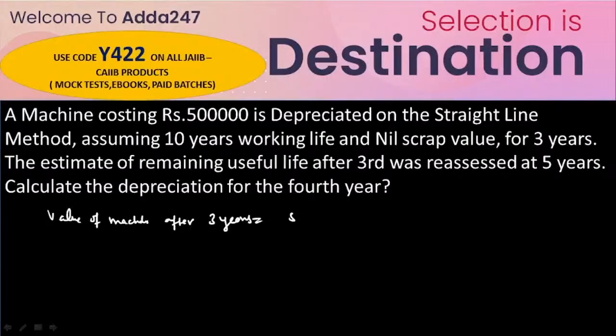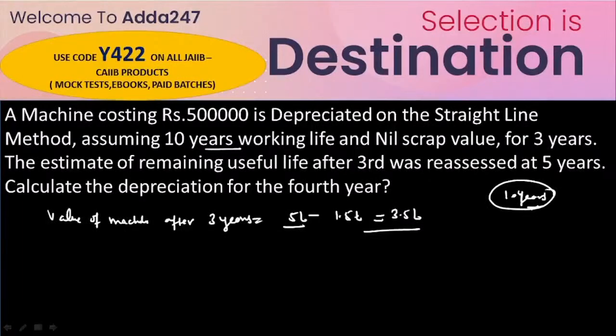We know that we purchased the machine for 5 lakh, and 1.5 lakh is depreciated. So now the value is 3.5 lakh. Initially when we purchased the machine, the useful life was 10 years, but after 3 years we reassessed it, and now the useful life is 5 years. Okay, we reduce the number of years.